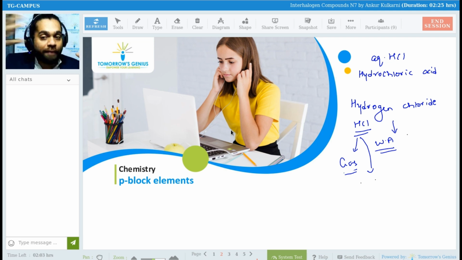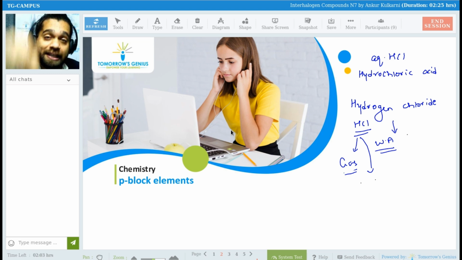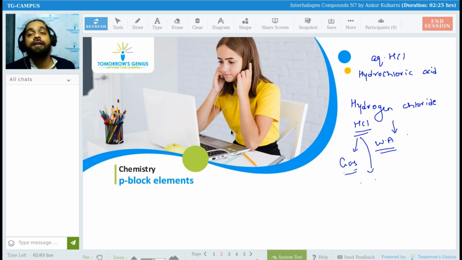In pure HCl gas, do you get H plus directly? No. So how can we say it is a strong acid? But when you put HCl in the aqueous medium, it will dissociate and give you H plus. That time you can say HCl is a strong acid.